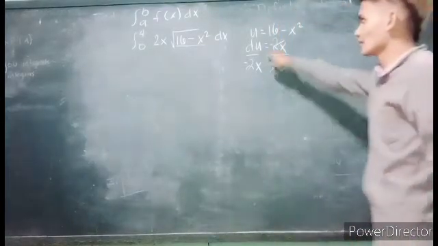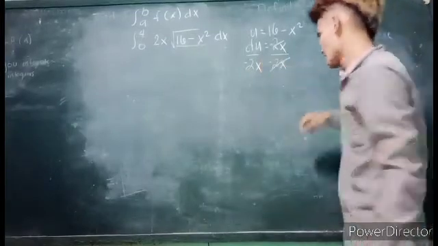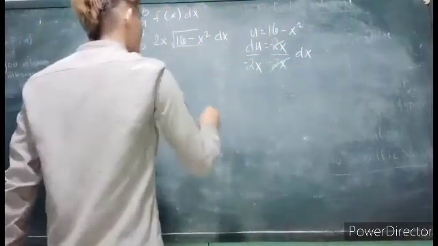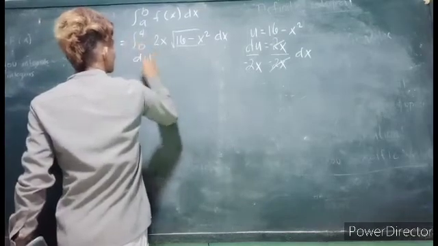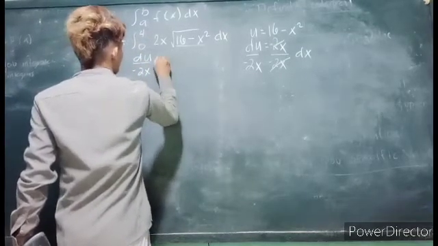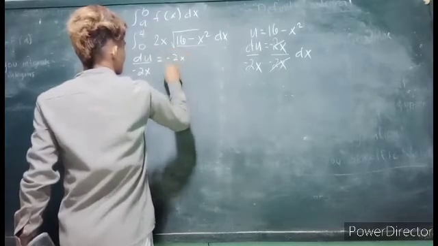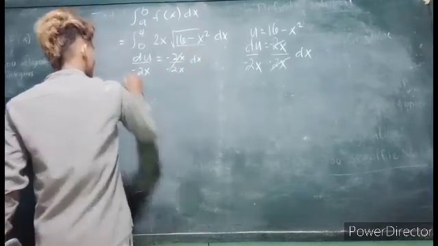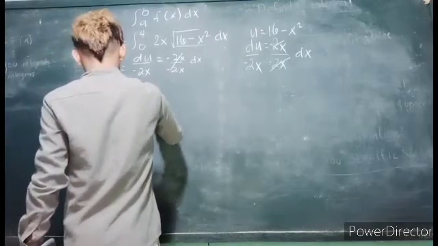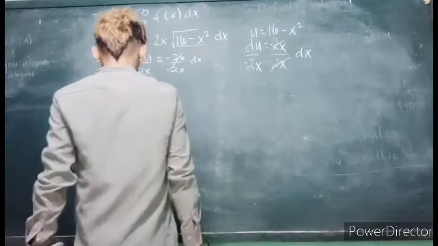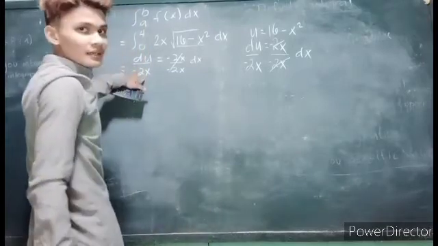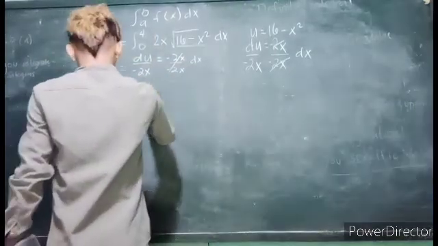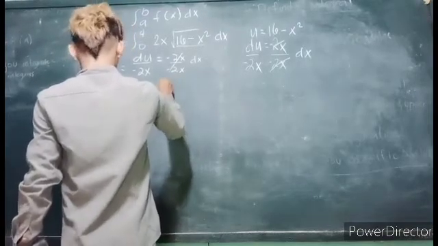So what is left? du over negative 2x, and the dx. So, du over negative 2x equals dx.